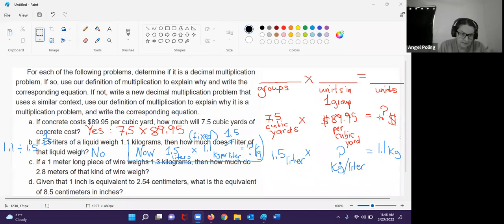Now in part C, we have if a meter long piece of wire weighs 1.3 kilograms, then how much do 2.8 meters of that kind of wire weigh? So this looks promising. Let's see, we've got 1.3 kilograms per meter here. And we have 2.8 meters.